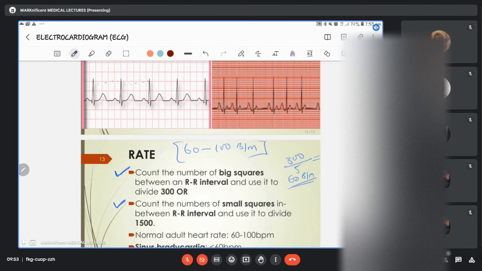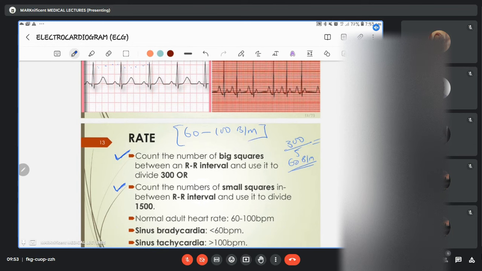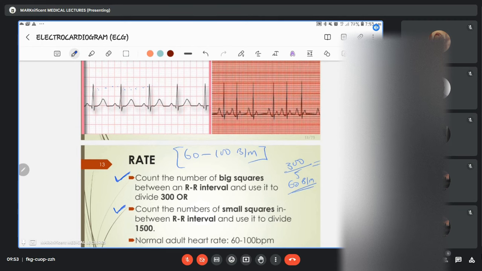So that's the calculation. Or the second method is what? To count the small squares, which is going to be stressful. Imagine all these squares in between you're counting. So just better you hold one of the methods. You mustn't know the two. Just hold one of the methods and then you use it. You'll be good with it.